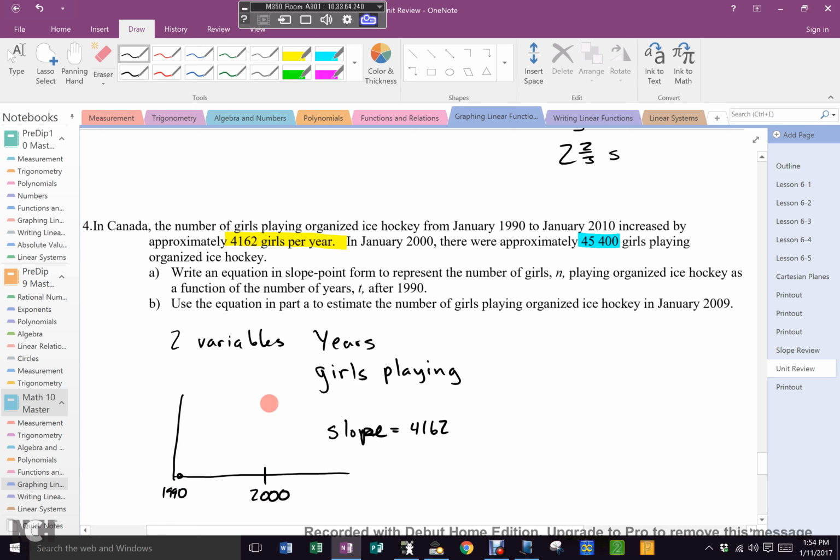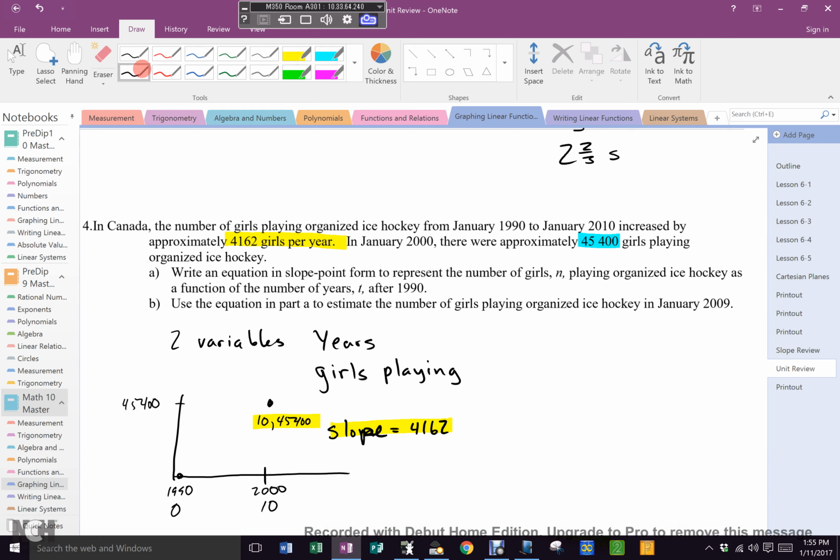So right here, I have a point that is 45,400, and here it's going to be 1990 is year 0, 2000 is year 10. So that point right there is 10, 45,400. Now I have a slope and I have a point.